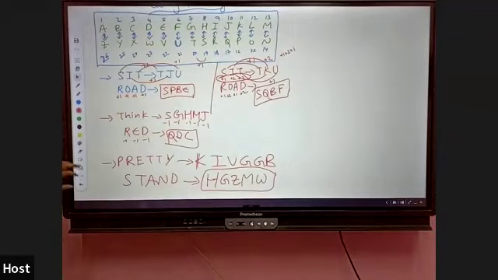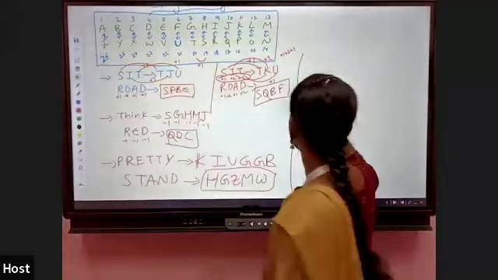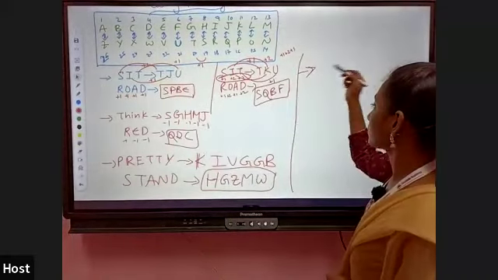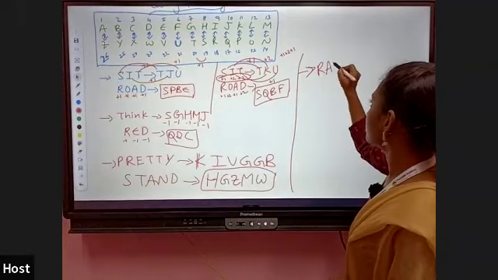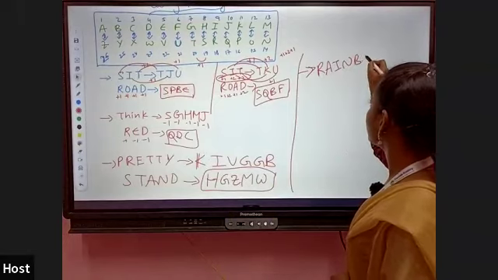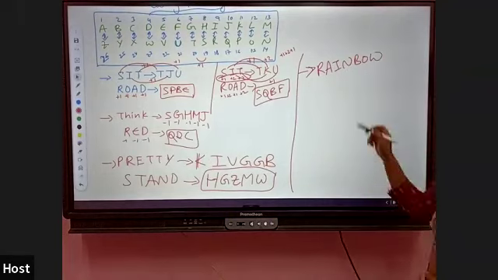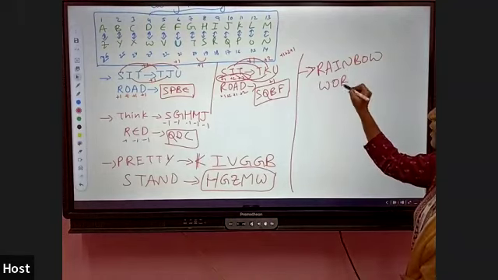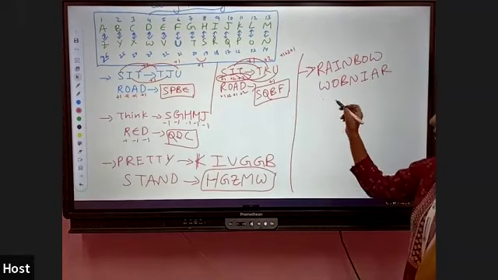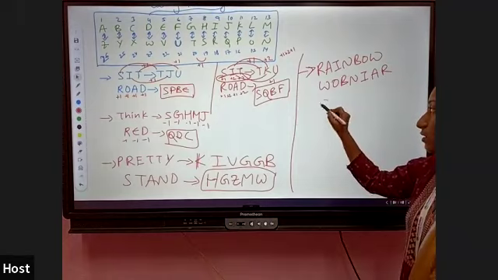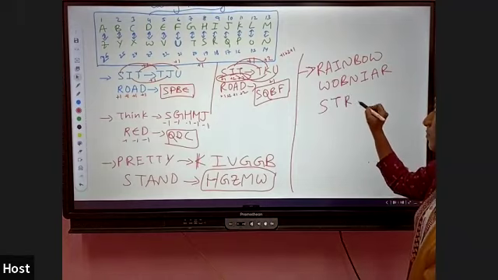And another model, the reverse model, is there. Let us do that example. RAINBOW. They gave the code as WOBNIAR. We should find the code for STRAIN.